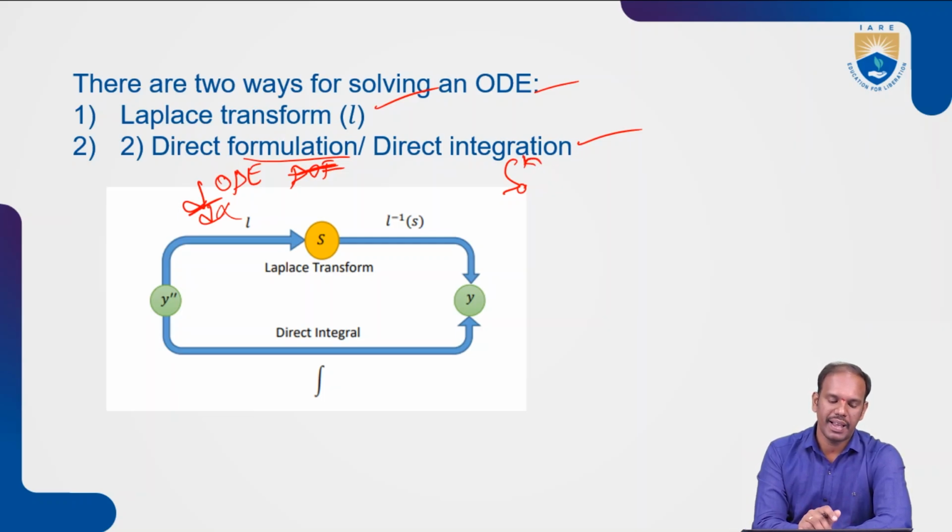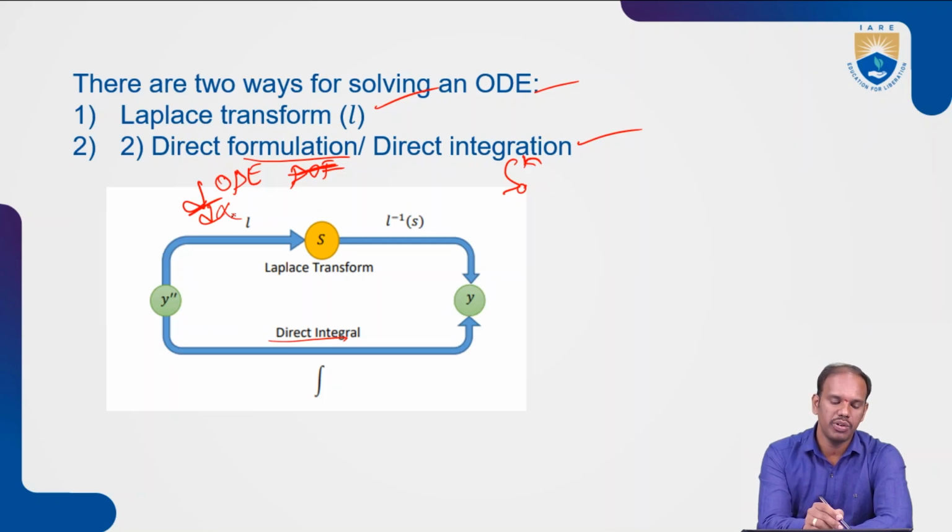So it can be a Laplace system. One example we can say is the direct integral method or the Laplace system, from y to y double dash to y, which we can get by using Laplace transformation.